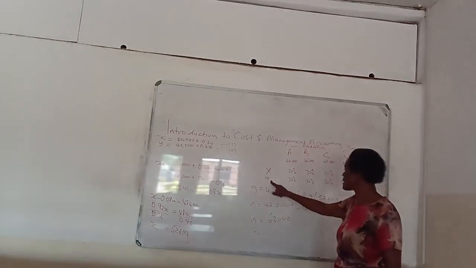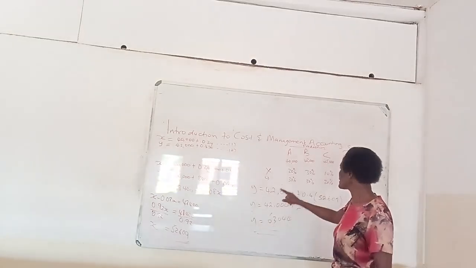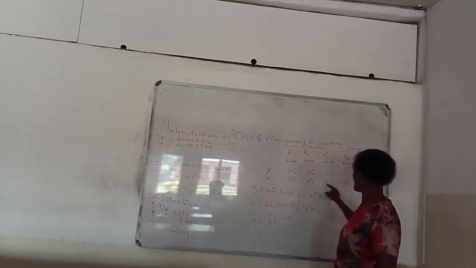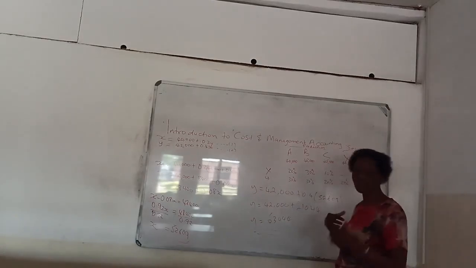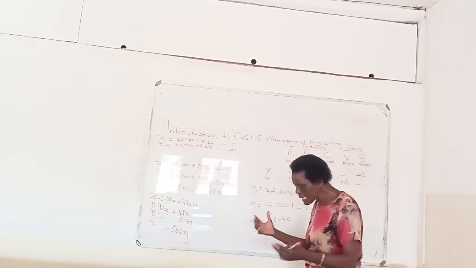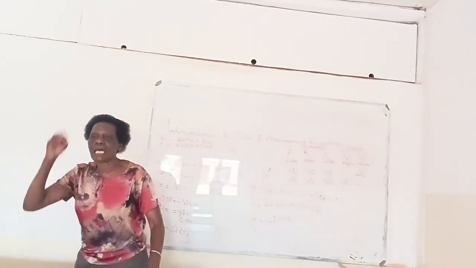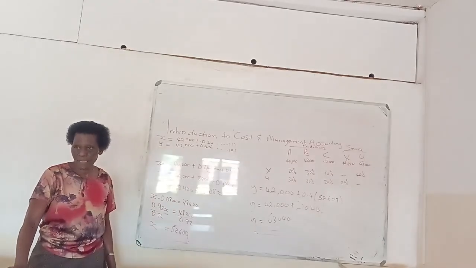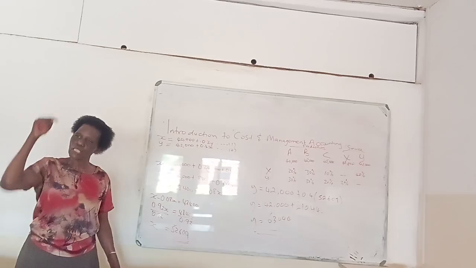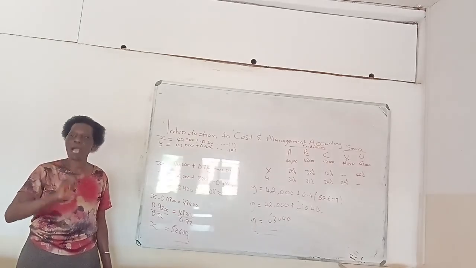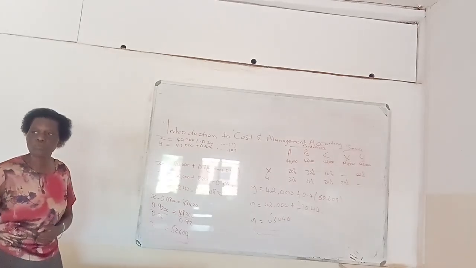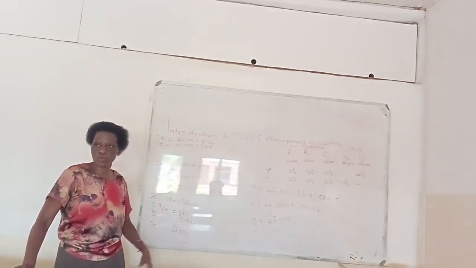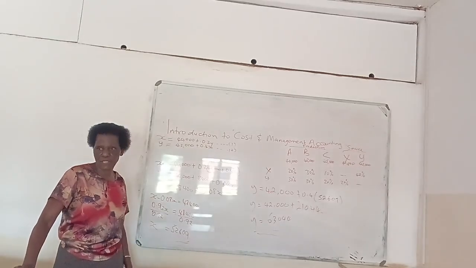So we have the second service center, that is Y. He gives A 30, B 30, C 20, X 20, but himself doesn't. But the secret is that service centers are the ones that were supposed to distribute to production centers A, B, and C. Therefore, we should make an equation for only X and Y, because we are going to distribute them to production centers so that we should find how much we should distribute afterwards.